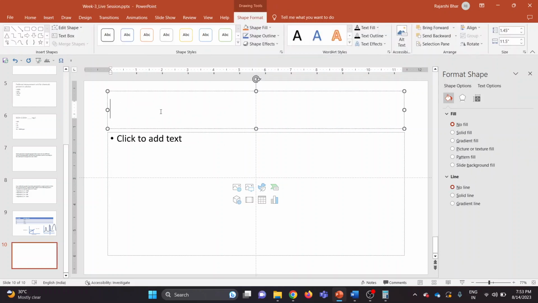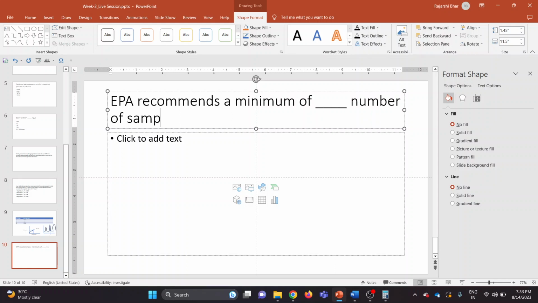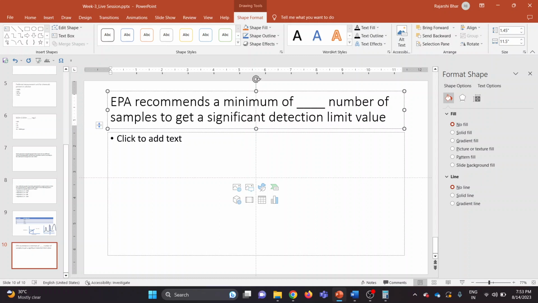Okay, so EPA is the Environmental Protection Agency in the US. It is a fill in the blanks. It recommends a minimum of... So what is the minimum number of samples that you must analyze to get a significant detection limit value?